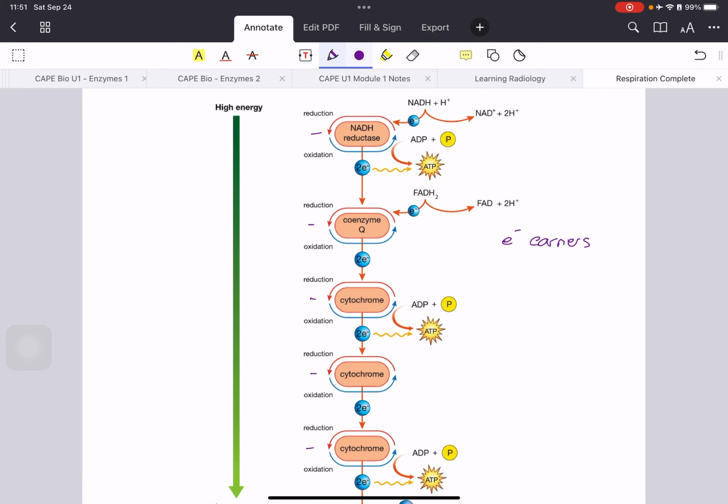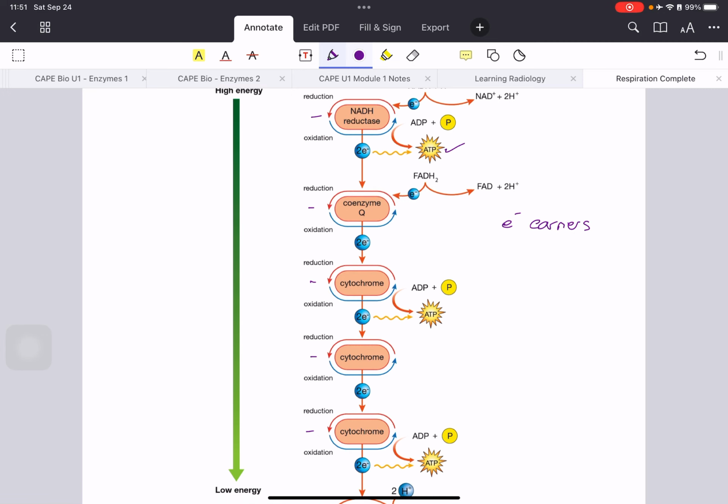And every time the electron goes down a rung or moves to another molecule, they lose energy, right? So the electrons lose energy in the form of ATP, right? So the electrons have a lot of energy to give. So as they go down the ladder, they keep giving off ATP, keep giving off ATP.